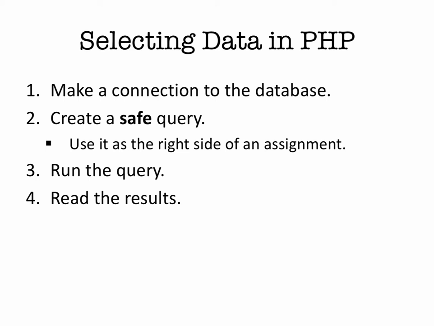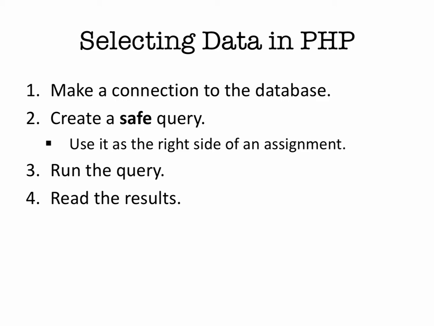We need to create a safe query, and we do that by using the right side of an assignment. Basically we create a variable and set it equal to our SQL query. Then we run the query and then we read in the results.